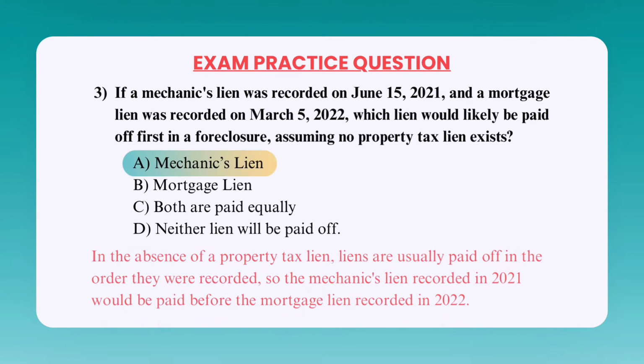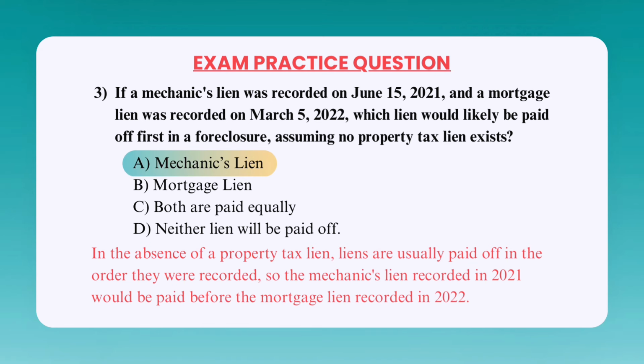The answer is A. In the absence of a property tax lien, liens are usually paid off in the order they were recorded. So the mechanics lien recorded in 2021 would be paid before the mortgage lien recorded in 2022.